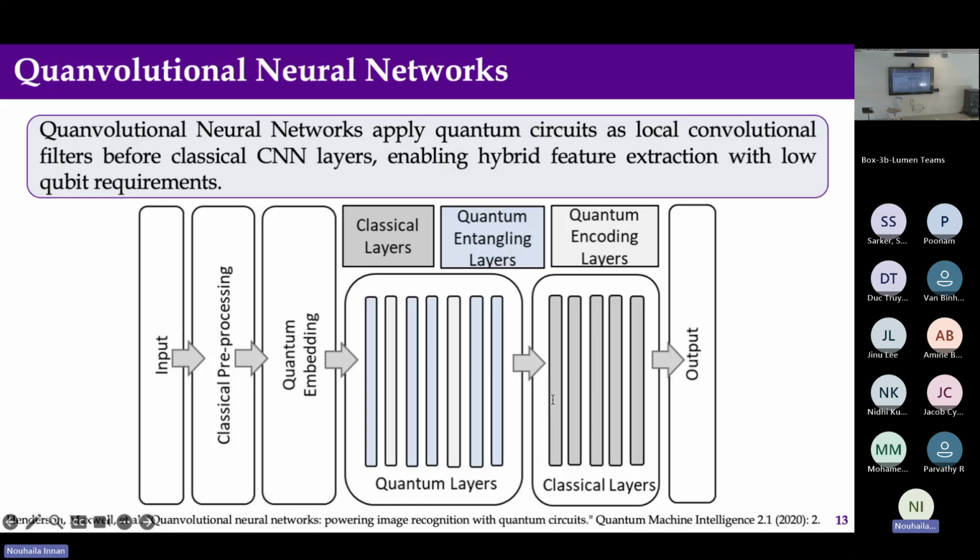So the input of the first classical layer is a quantum output measured classically that preserves a large amount of information. And this is potentially used to improve the contextual feature extraction in the classical layers.